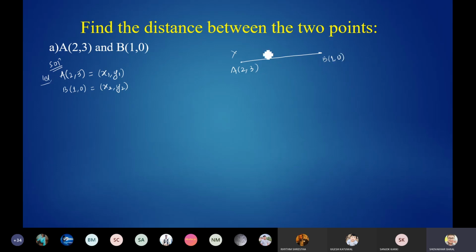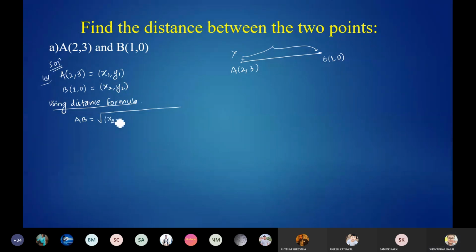We are going to find the distance between them. How to find the distance between them? If the coordinates are given, then it's very easy for us. So let's use the distance formula. Using distance formula, AB is equal to, tell me the distance formula.